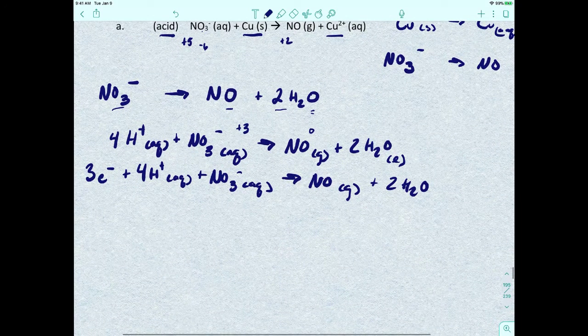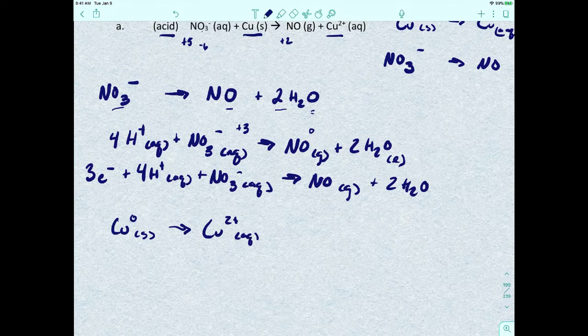Now we've got to work on the other half reaction. That was copper solid becoming copper 2 plus. To balance that out, we have to add 2 electrons to the right-hand side, and now that's balanced. We don't have to worry about oxygens and hydrogens for the second half reaction.